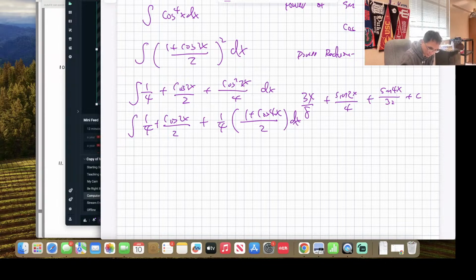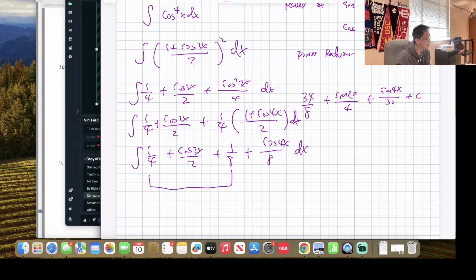And then I will expand that: 1/4 plus cosine of 2x over 2 plus 1/2 times 1/4 is what? 1/8. 1/8. And a plus 1/8 cosine of 4x dx. And this 1/8 is going to add together.